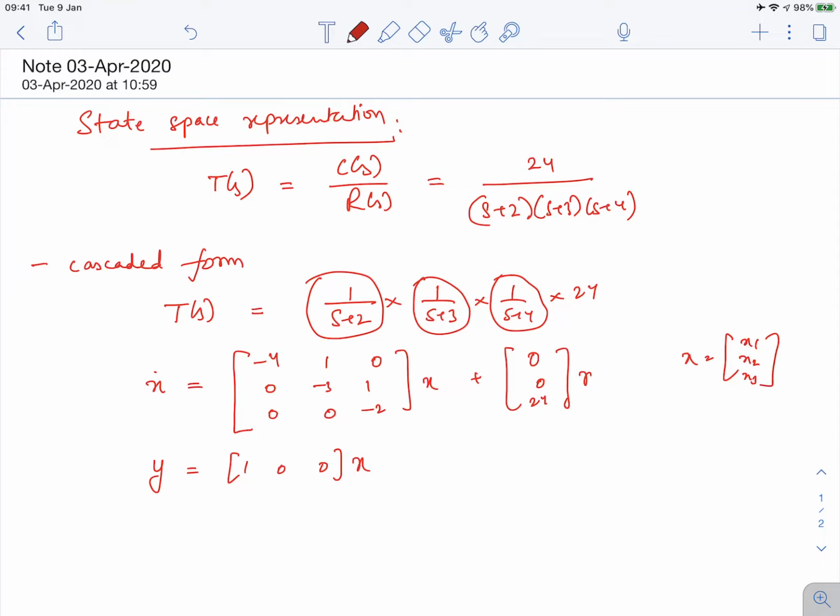So this we have called the cascaded form. One thing you would notice here is that the A matrix is an upper triangular matrix.